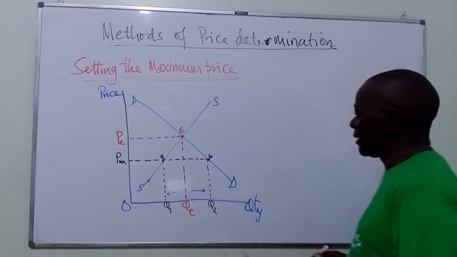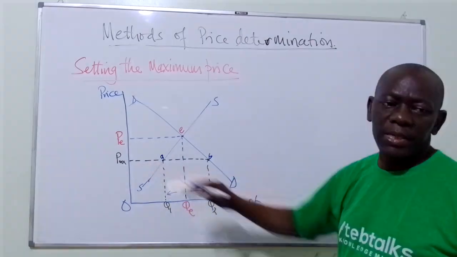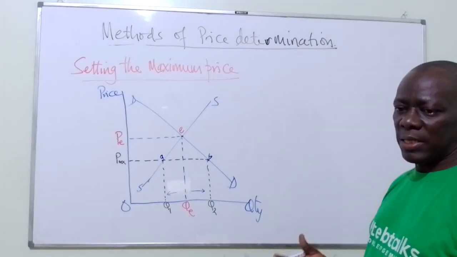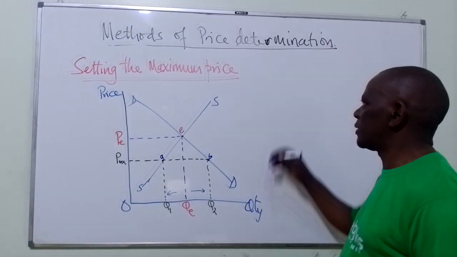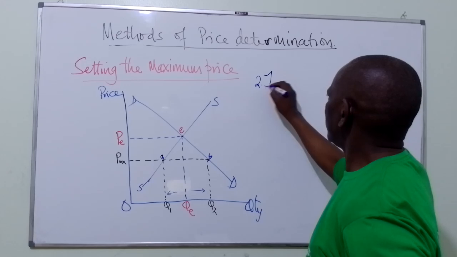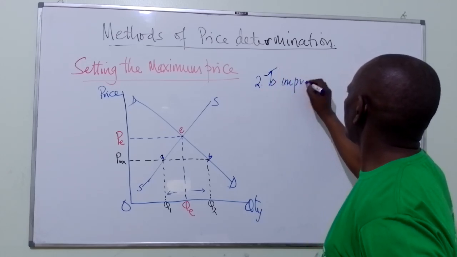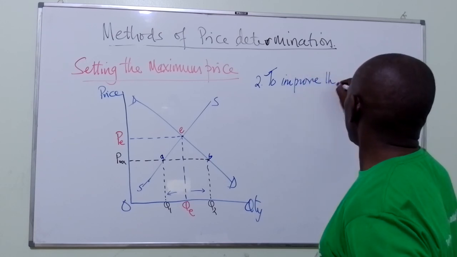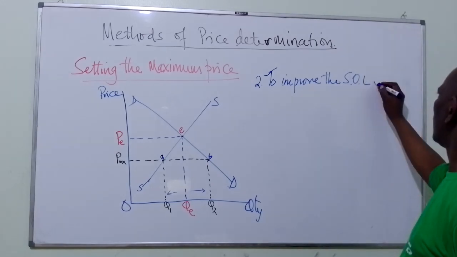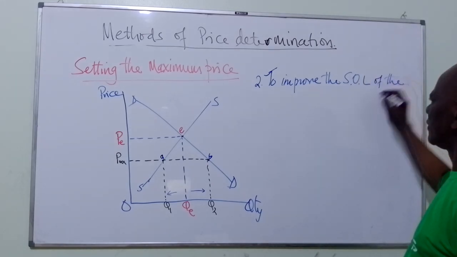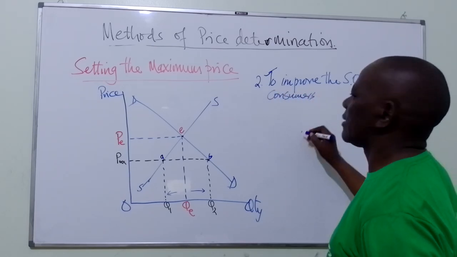And once this is achieved, you can see that the consumer now is paying a lower price. So that means his real income is increasing, and this increasing real income means an improvement in the standard of living, the SOL, of the consumers. Why?